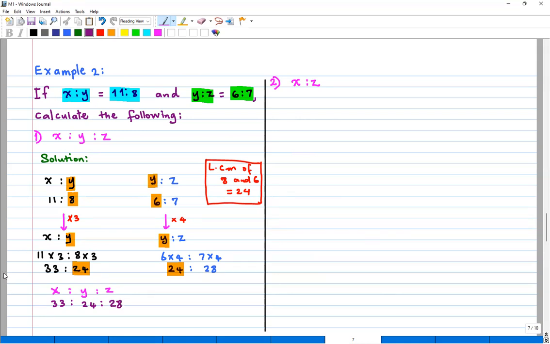So that is our final answer. x to y to z is the same as 33 to 24 to 28.